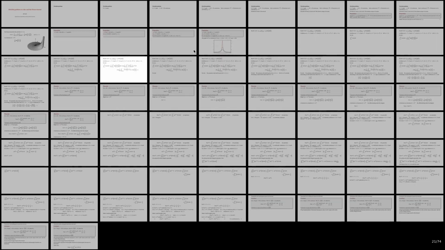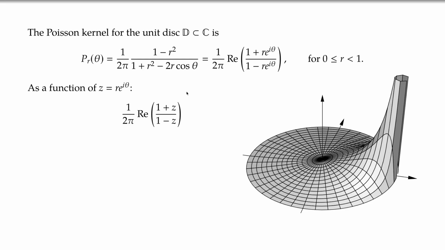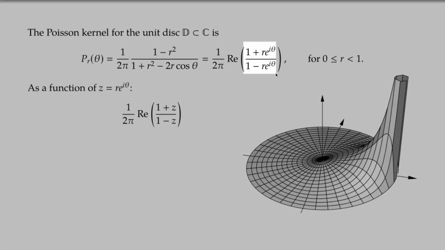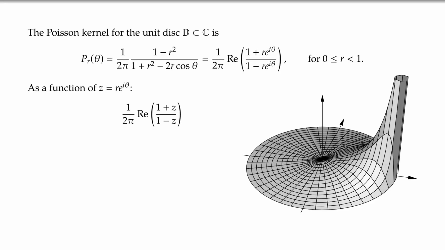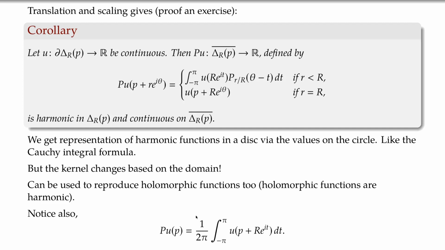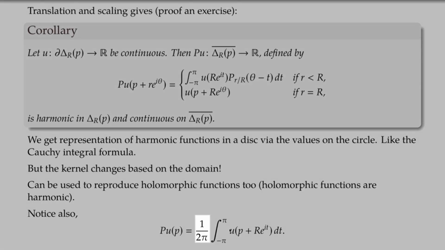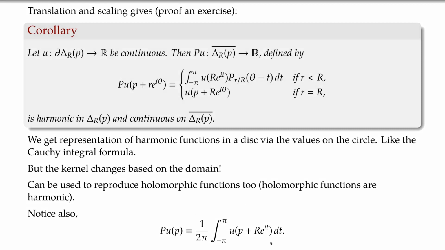Let me show you, if I can find it. Over here, if I plug in r equals 0, it's going to have this 1 over 2 pi, but this bit of it is 1. So the Poisson kernel is going to be 1 over 2 pi, and I get this 1 over 2 pi coming out, and whatever else stays here is just the rest of it.